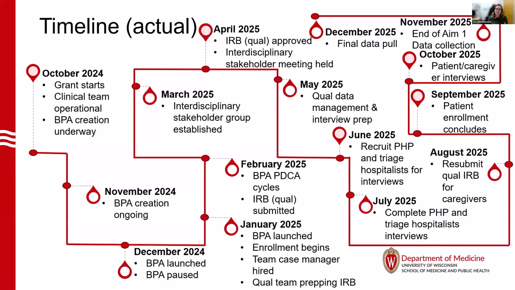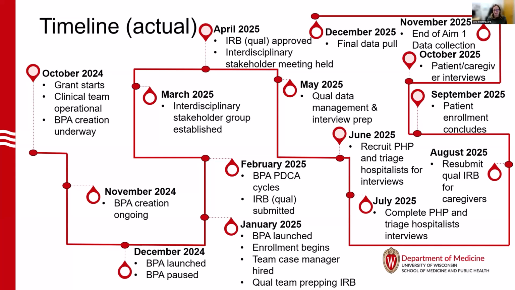And so what we ended up doing was expanding our IRB to include caregivers, to try to understand their perspective on having a loved one who was frequently hospitalized and their interactions with the healthcare team. There was a little bit of back and forth with the IRB on that in terms of getting consent and assent from patients.